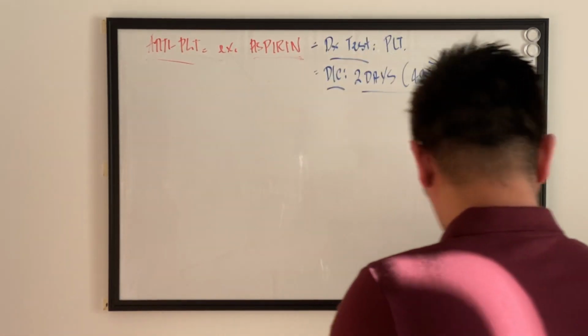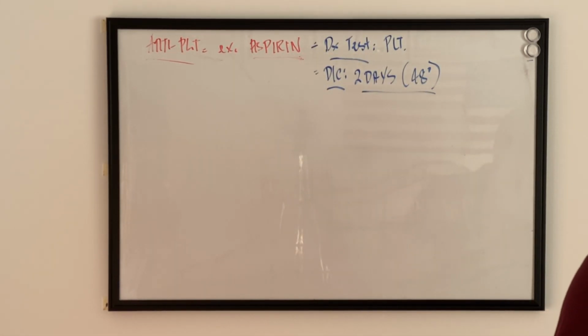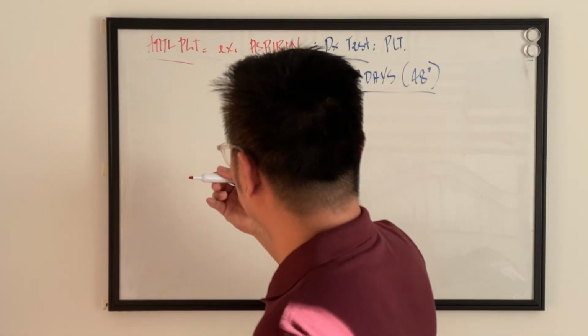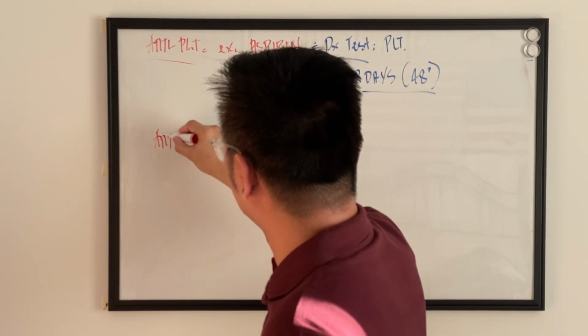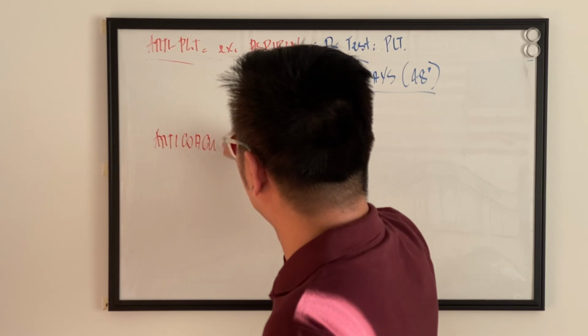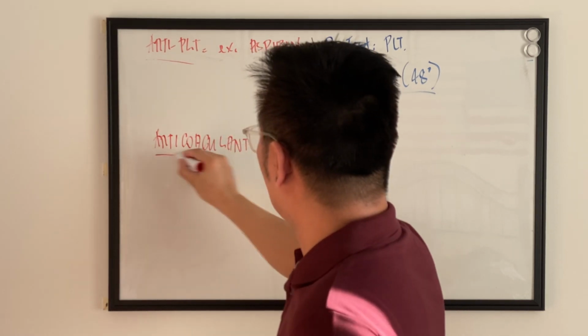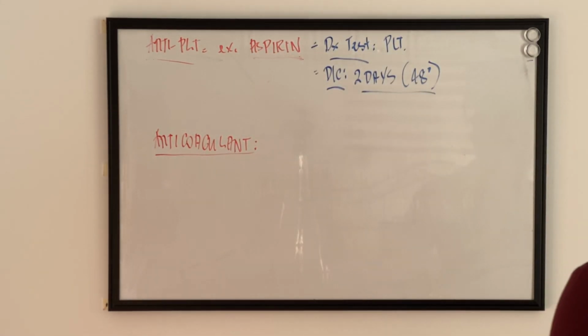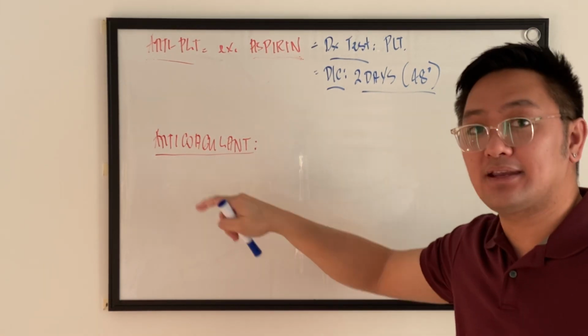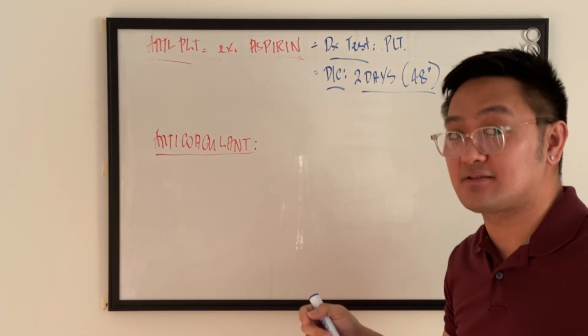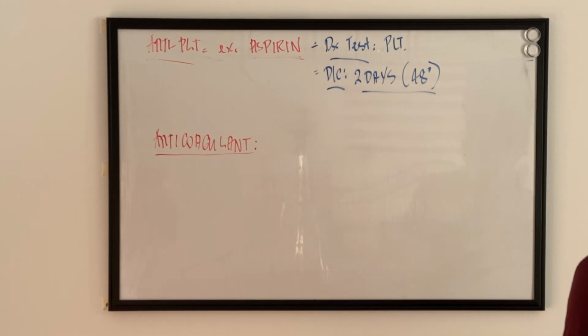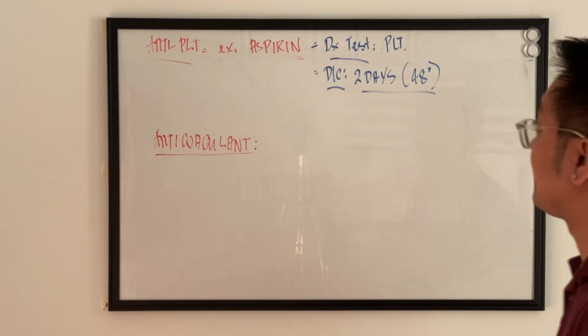Now, what about an anticoagulant? What about an anticoagulant drug? An anticoagulant is an agent that prevents clot. Okay? An example of your anticoagulant are the following.